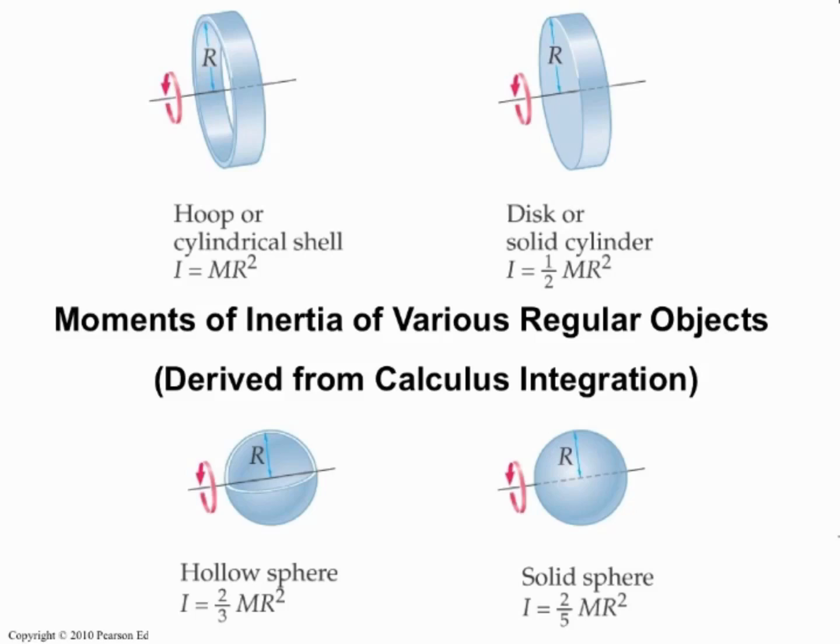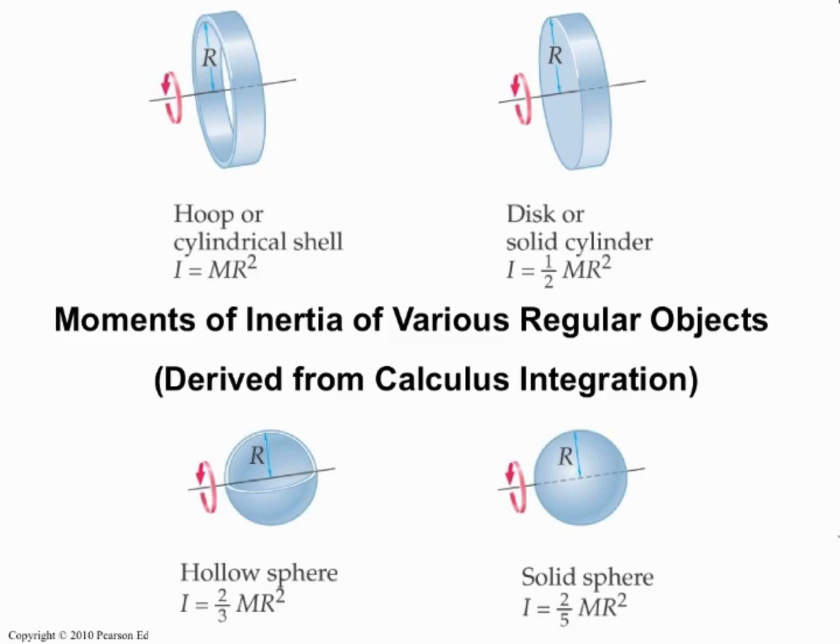All right, these are moments of inertia of various regular objects. What we have here are some solids of different shapes and mass distributions. And you can see that they all have something in common, mr squared, but multiplied by different fractions. Those fractions are figured out from calculus. Really doing the proof of each of these does require you to understand integrals, which is something you'll learn in calculus.